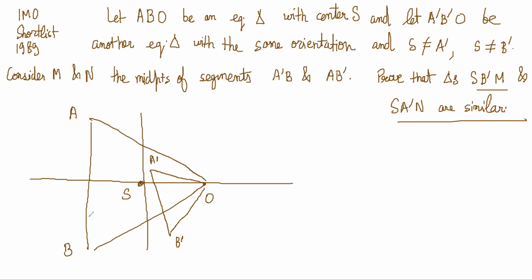M and N are midpoints of A dash B and AB dash. Okay, now it starts becoming a little complicated. M is here, and N is here.